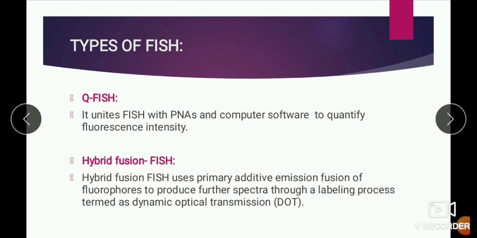In hybrid fusion FISH, we use primary additive emission fusion of fluorophores to produce further spectra through a labeling process termed dynamic optical transmission, DOT. About 7 detectable emission spectra are generated using 3 primary fluorophores using DOT. This technique is faster than traditional fluorescent microscopes.